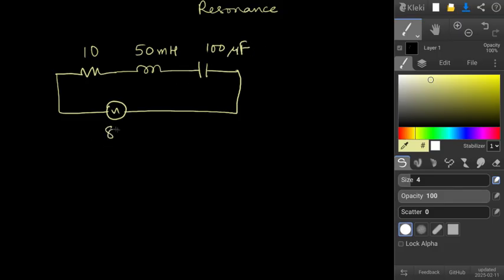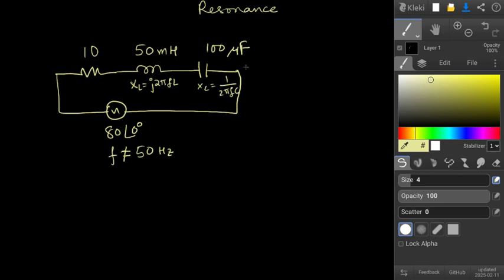So the same circuit has been given to you, but this time the frequency is not 50. Okay. So you notice, what is the XL? 2 pi f into L with J. What is XC? So 1 by 2 pi f C.